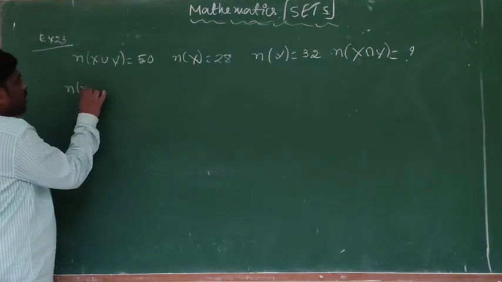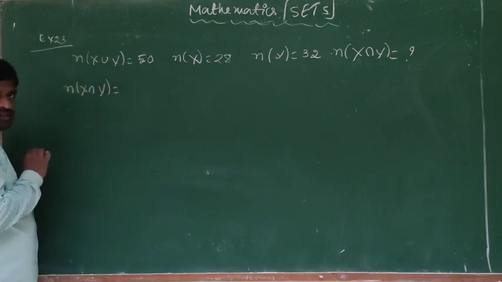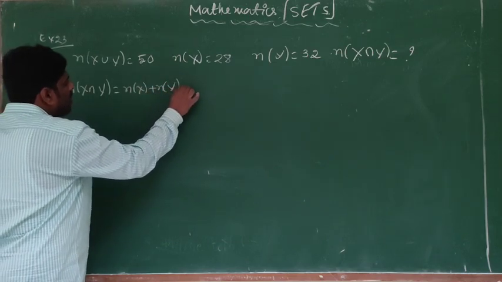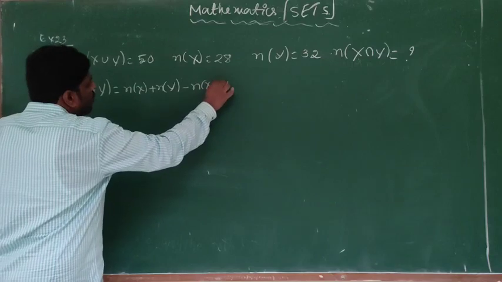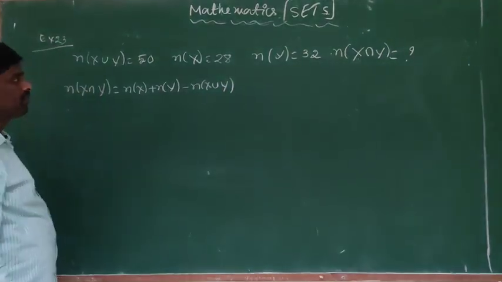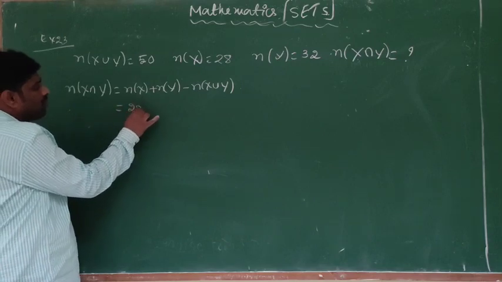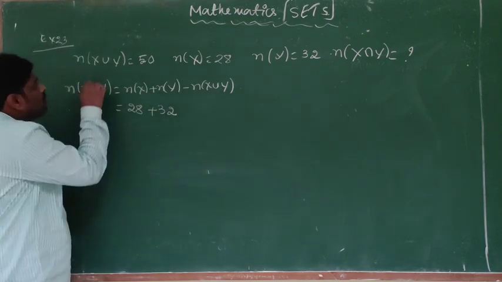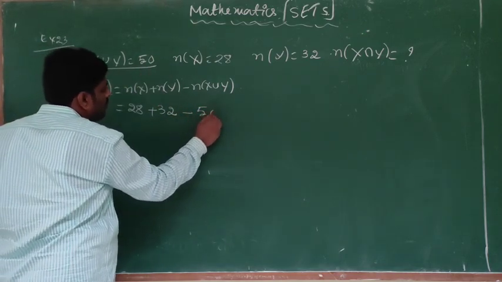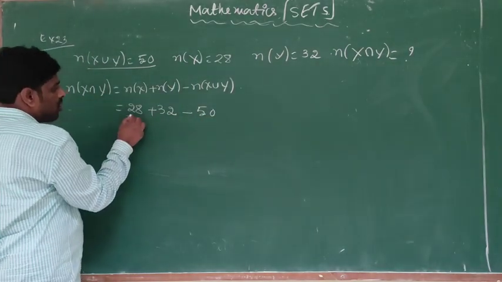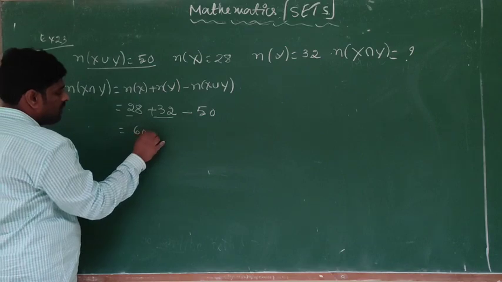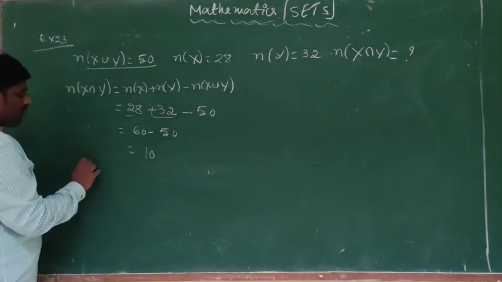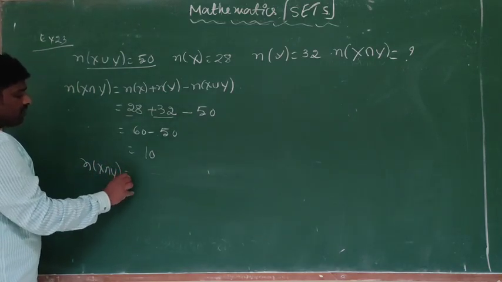We have the direct formula: n of X intersection Y is equal to n of X plus n of Y minus n of X union Y. n of X is 28, n of Y is 32, n of X union Y is 50. 28 plus 32 is 60, 60 minus 50 is 10. So n of X intersection Y is 10.